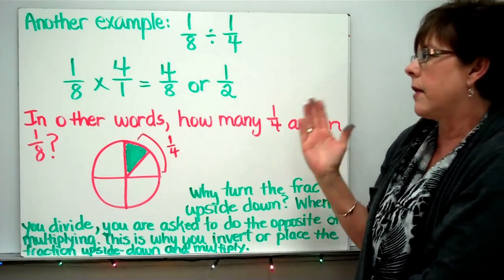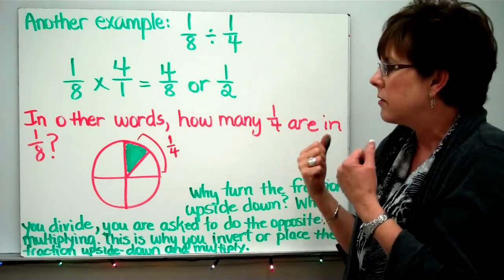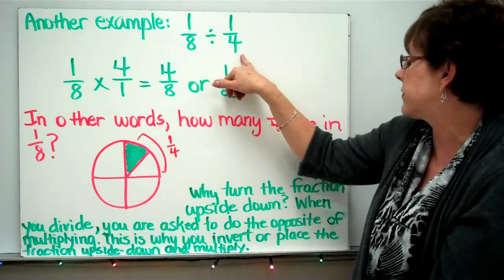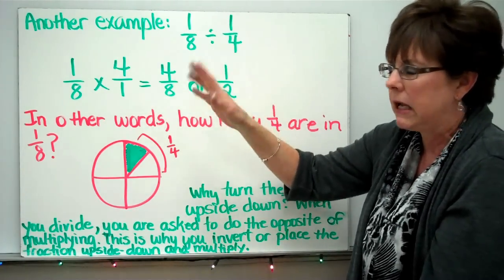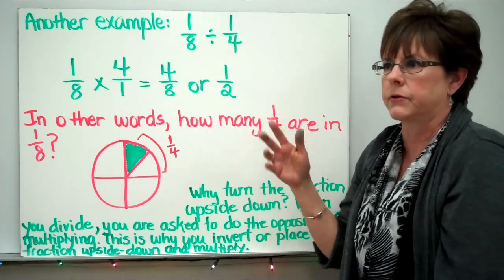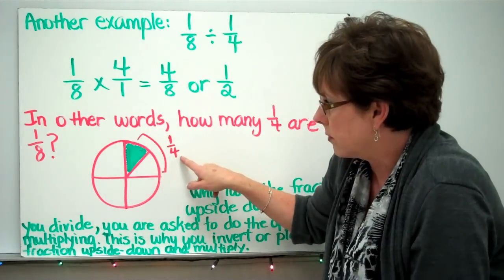Okay. Now, in other words, if you're thinking, I just don't get how you get this, draw a model. In other words, how many fourths are there in an eighth? Okay, draw your pie or your pizza or your brownies or whatever. This section right here is a fourth.